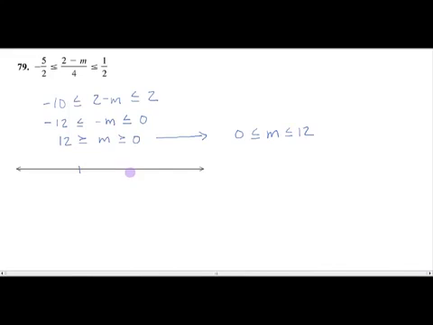And then I have this 0 and 12 on the number line, and m, the thing that I want to shade, is between 0 and 12. They both get square brackets, so my interval notation is 0 to 12, square brackets on both 0 and 12.